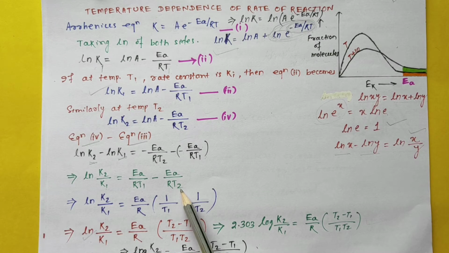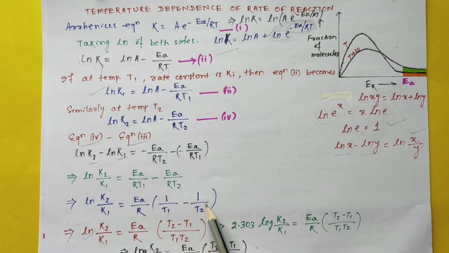Okay? If we simplify this, you can see in both these two terms Ea/R is common. So taking Ea/R common, it becomes 1/T1 minus 1/T2. Let's simplify further. ln k2/k1 = Ea/R, taking LCM T1 T2, and simplifying, (T2 minus T1).